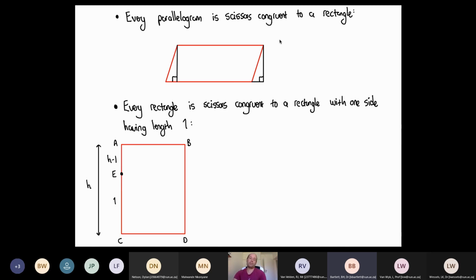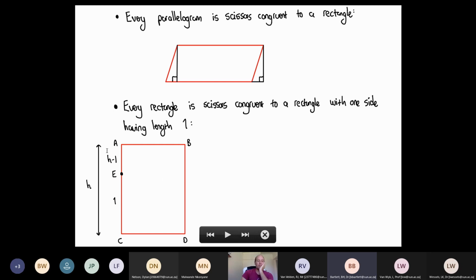And now to end the proof, I need to show that every rectangle is scissors congruent to a rectangle with one side having length 1. So here's my original rectangle, this red one. And I want to show that it's scissors congruent to some other rectangle where one of the sides has length 1.